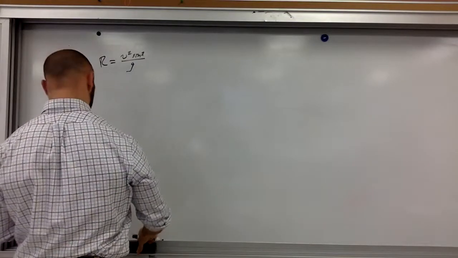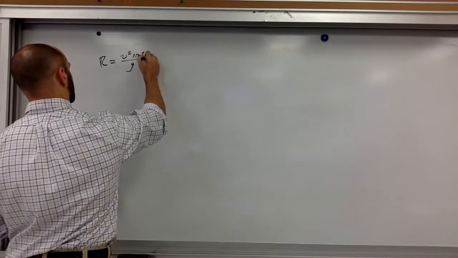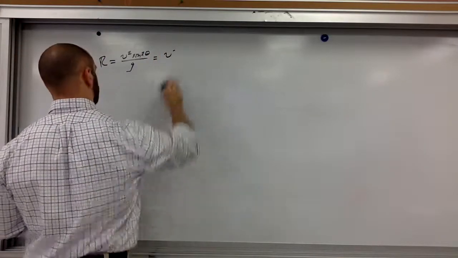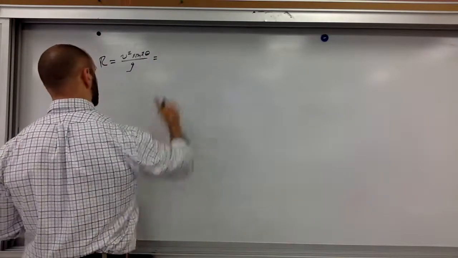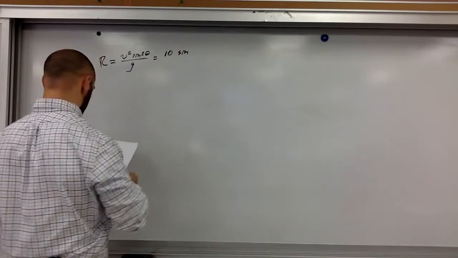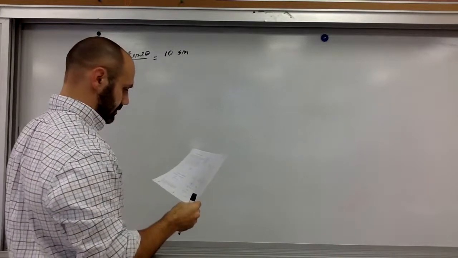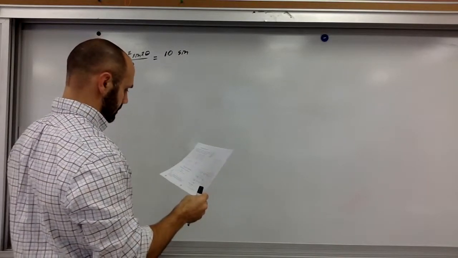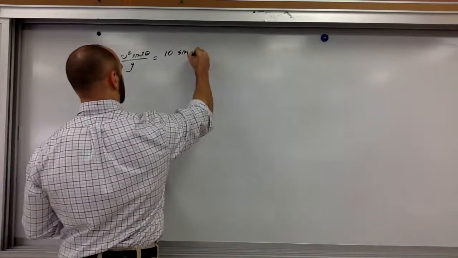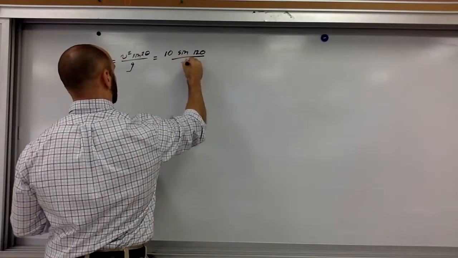v squared sine of 2 theta over g. So we plug our numbers in. V is 10, so 10 squared sine of 2 theta, so theta in this case is 60, so it's going to be sine of 120 over g.